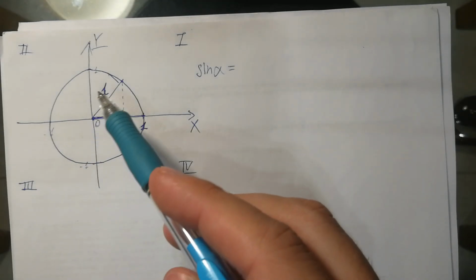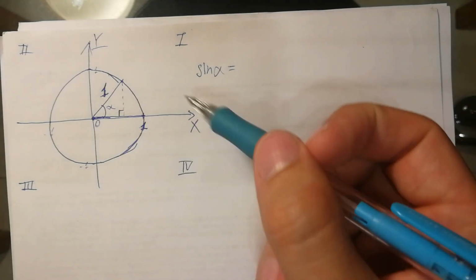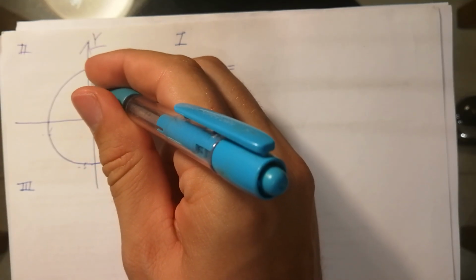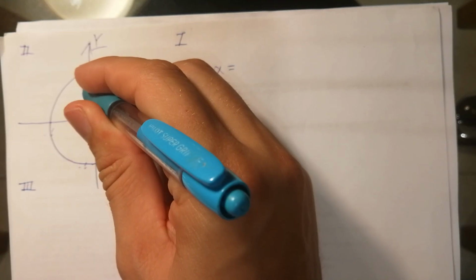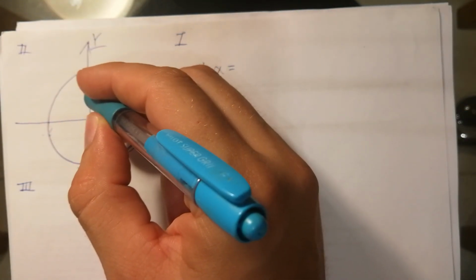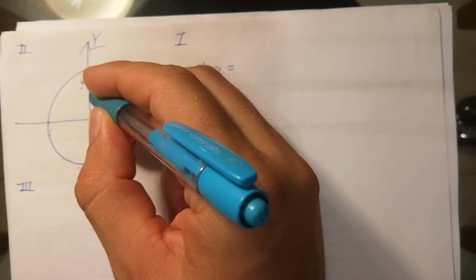And what's this? This is just value of y coordinate. Some coordinate we don't know, but it's nothing for us.